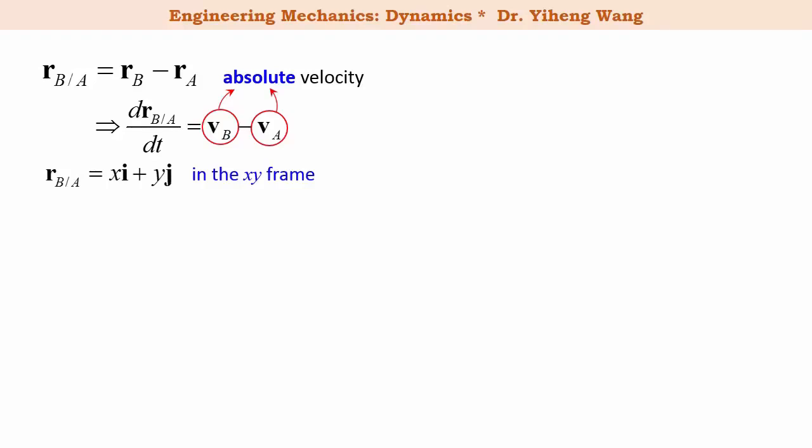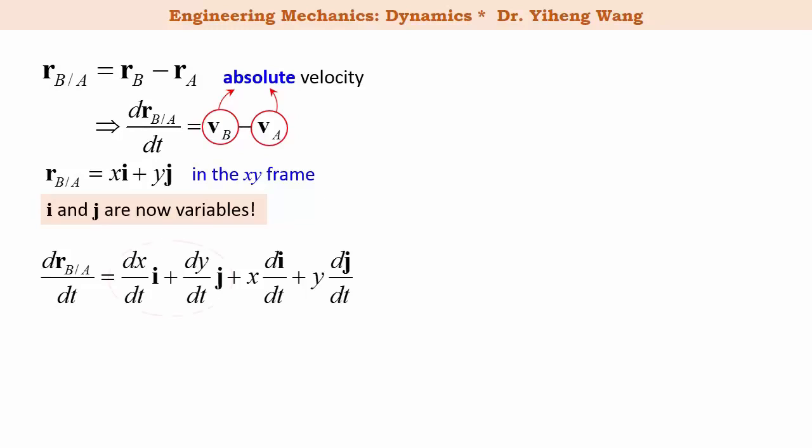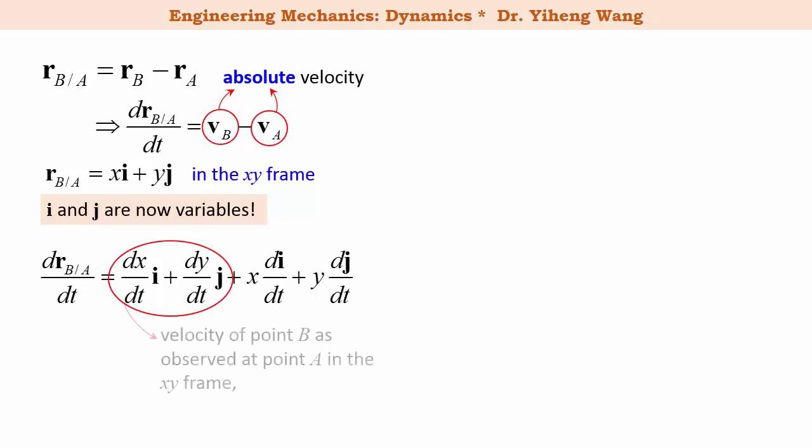But don't forget, the unit vectors i and j are variables now, because even though their magnitudes will remain a constant one, they do change directions with respect to time. Therefore, when we take the time derivative of this relative position vector, we must now apply chain rule. This part right here looks familiar to us, and it is the velocity of point B observed at point A in the xy rotating frame. In other words, the relative velocity of point B as measured by point A.